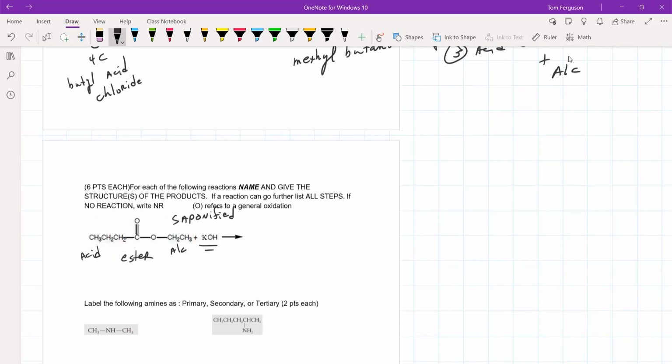And because it's a saponified environment or an alkaline environment, we're going to end up with the acid salt. So this is a 1, 2, 3, 4. So it's a 4-carbon acid. So we're going to end up with, this is going to be potassium. And then we're going to get the alcohol, which is a 2-carbon alcohol.